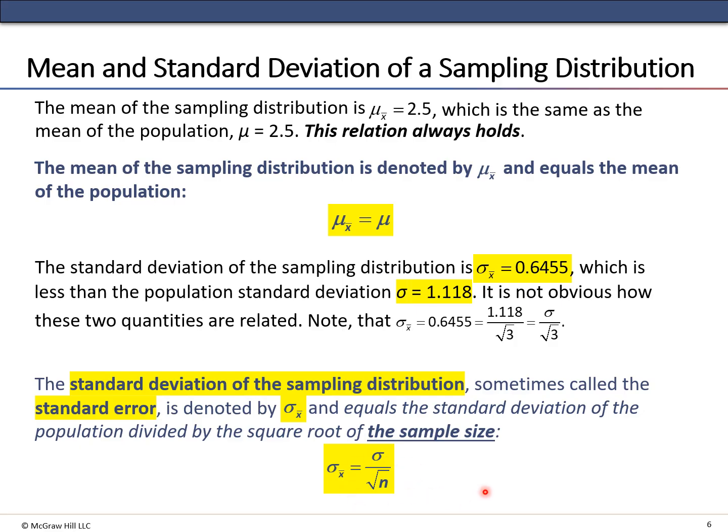Remember, in this case, we were tossing the die 3 times, so we get the population standard deviation over the square root of 3. Sometimes this is called the standard error.